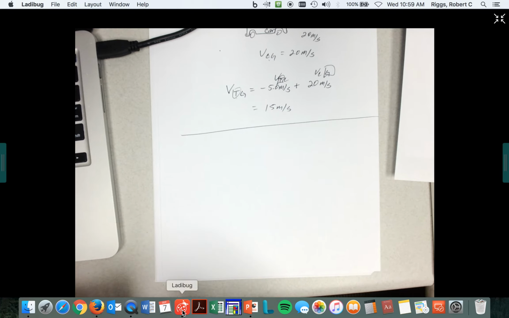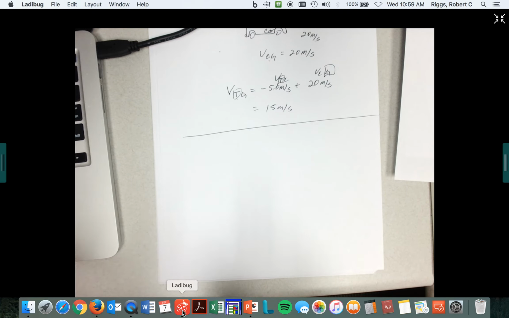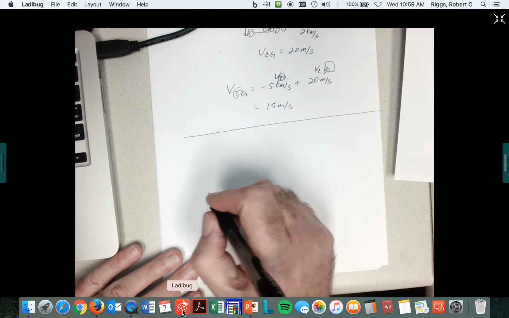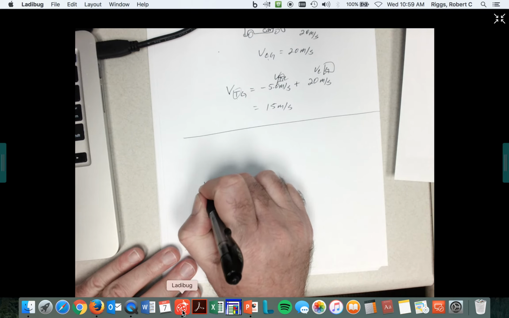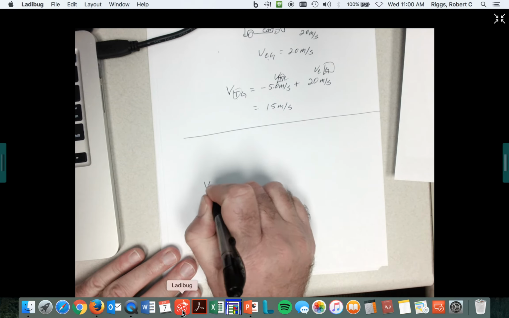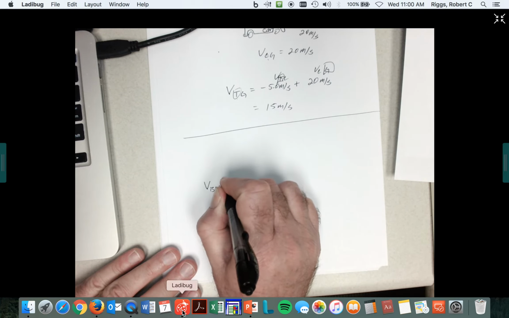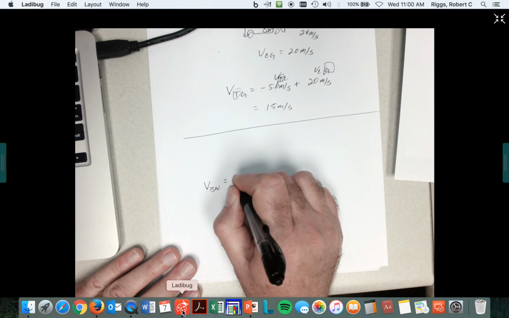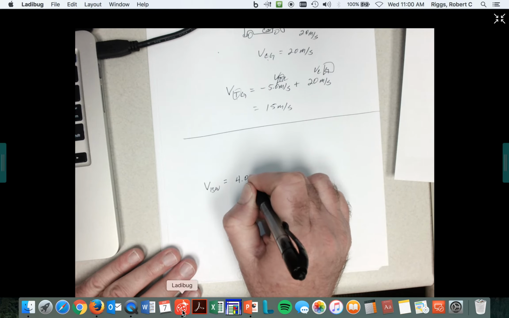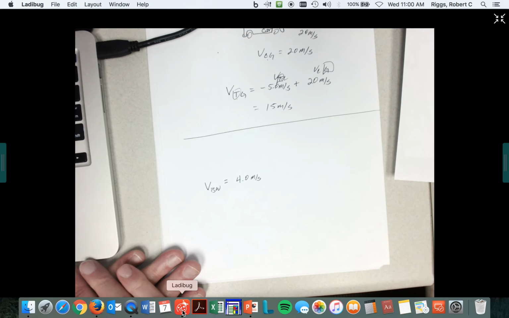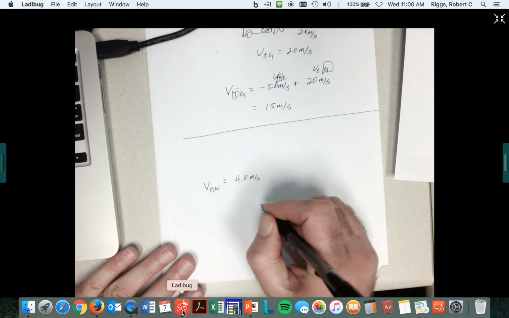So here we go. Let's just take a peek. Now, first of all, the velocity of the boat relative to the water is 4.0 meters per second in the positive y direction. Okay? The velocity of the boat, so it's going this direction.